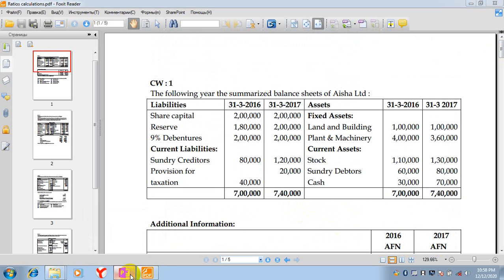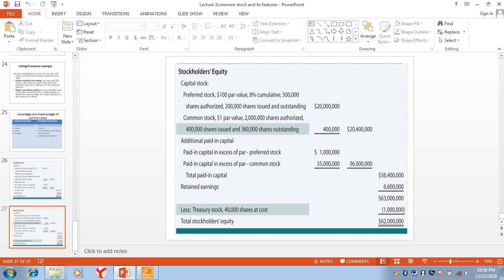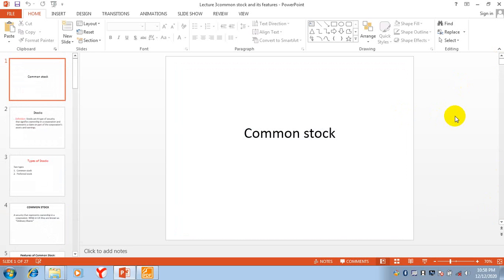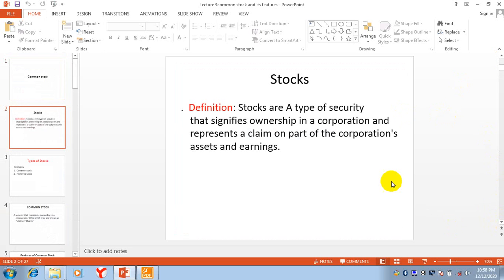Today, we are going to start lecture 3. That chapter is common stock and its features. Now, first of all, what are stocks? Shares.